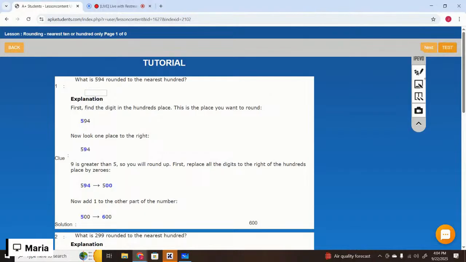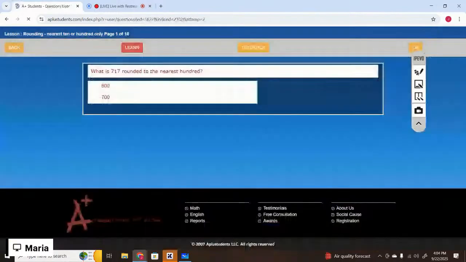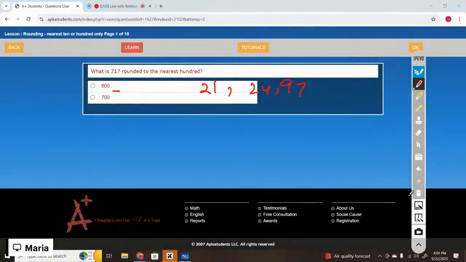Let's start with the test questions. What is 717 rounded to nearest 100?